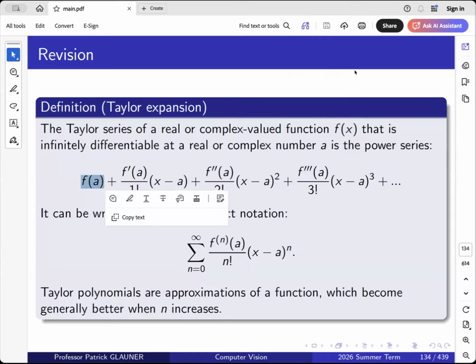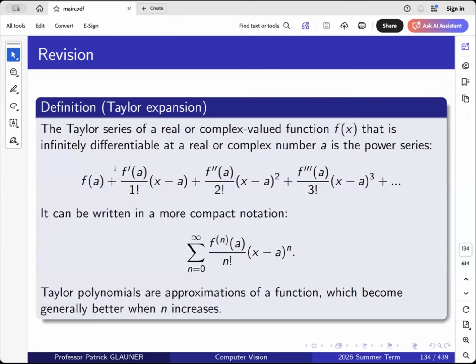If we don't know how to quantify f of x, but we know what its value is at a certain value a, then around that value a, we can approximate the function f of x with the Taylor expansion or Taylor series.